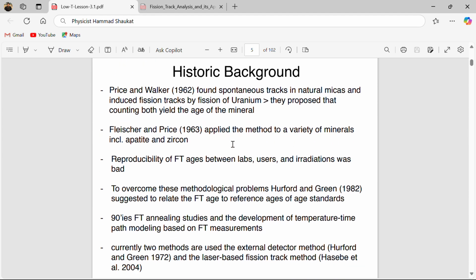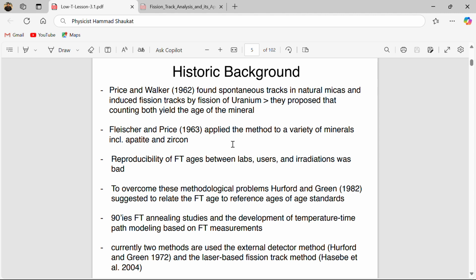So this is the historical background, the starting of our course. For this, I have to mention that two scientists, Price and Walker, in 1962 found the spontaneous tracks in natural micas and induced fission tracks by fission of uranium.